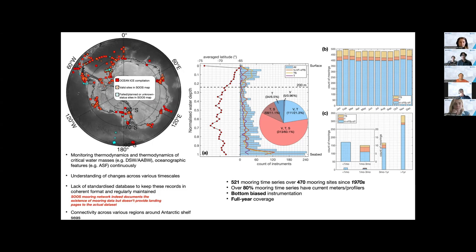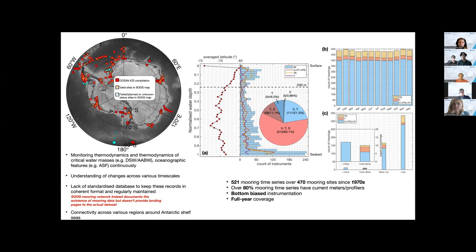So this data compilation will be complementary to the effort going on there. Scientifically, collecting all these mooring data sets provides an opportunity to systematically look at the connectivity across different shelf sea regions around Antarctica.